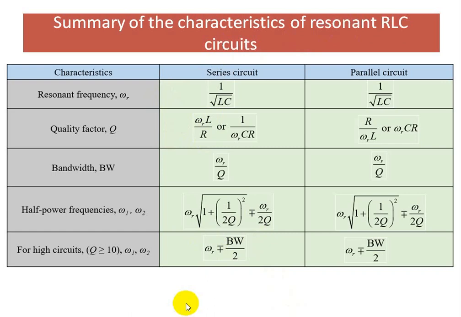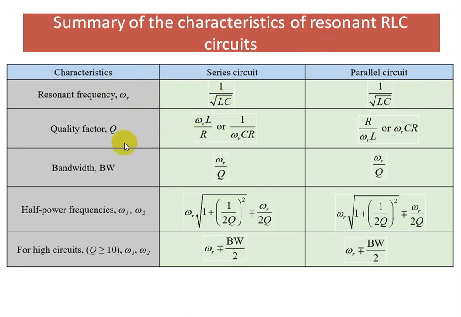Summary of the characteristics of resonant RLC circuit. Resonant frequency omega r: for series resonance circuit, it is 1 by under root LC. Also for parallel RLC circuit, it is 1 by under root LC.